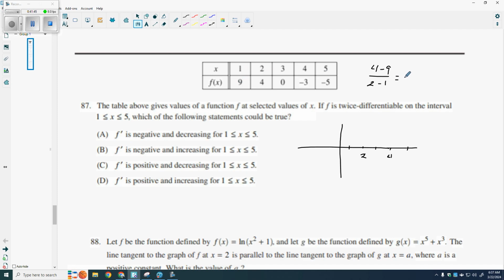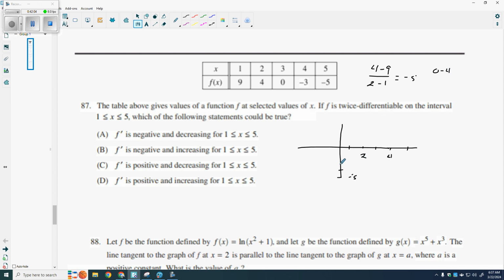This graph has a negative 5 derivative at 1. Okay, approximately. From here to here, my derivative goes 0 minus 4, so that's a negative 4 at 2.